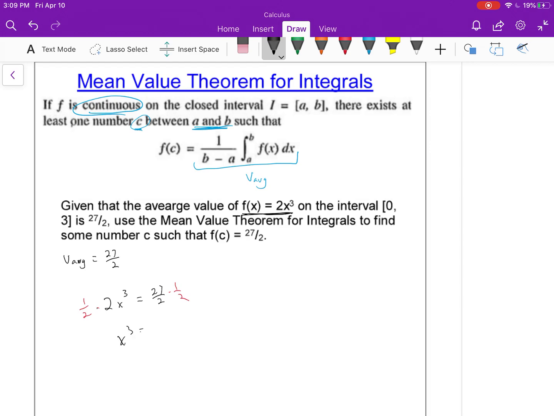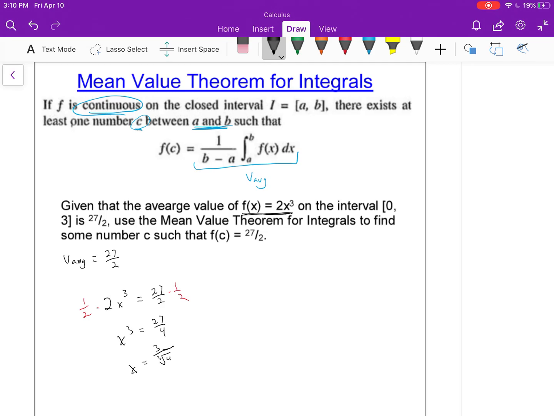And we get x cubed equals 27 fourths. We'll take the cubed root of both sides. Well, the cubed root of 27 is 3. Cubed root of 4. We don't really have a specific value for that. So we can just leave it like that.